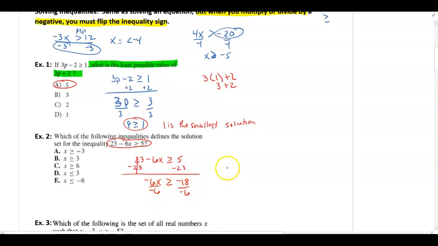Since I'm dividing by a negative, I have to flip that inequality sign to be less than or equal to, and a negative divided by a negative is a positive 3. So which inequality matches up with that? First off, that's negative 3, that's greater than or equal to 3, which is a trick because it comes before the actual answer. That can't be it, and letter D ends up being the solution.